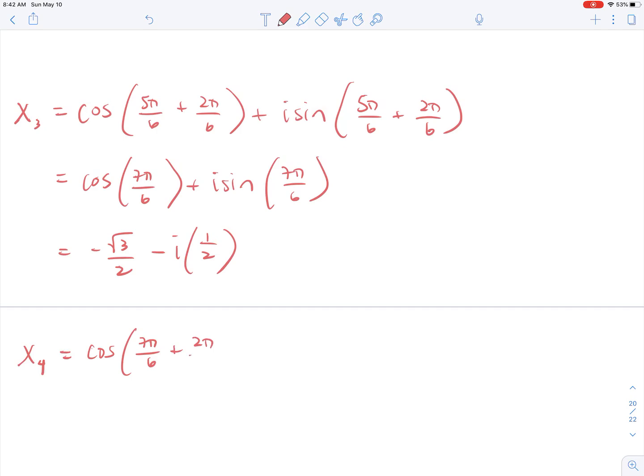Okay, x sub 4. I'm going to take that previous angle of 7 pi over 6 and again add 2 pi over 6.